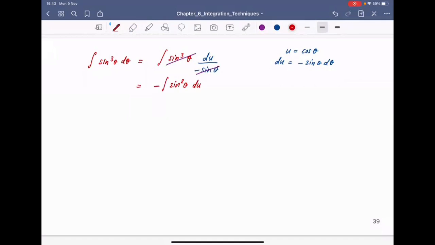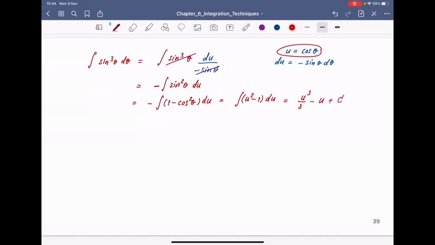But because I do the substitution u equal to cosine, I need everything in terms of cosine. So this is going to be negative the integral of 1 minus u squared du, which is the integral of u squared minus 1 du, and that is u cubed over 3 minus u plus c.